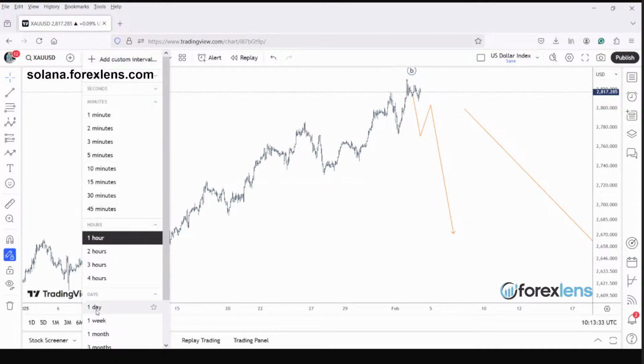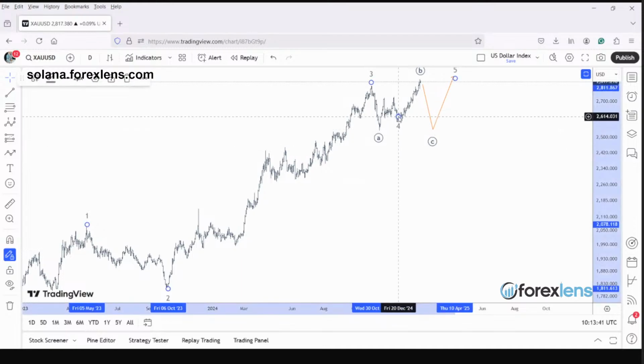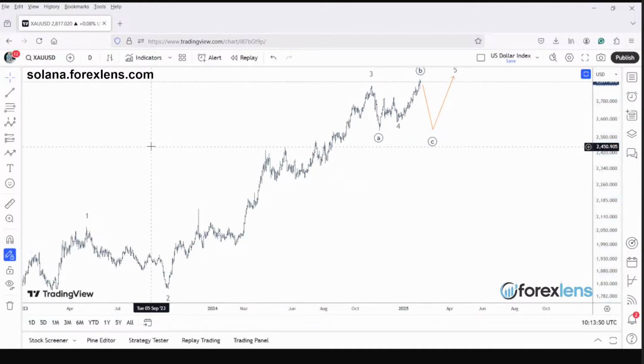In fact, it would then be considered as not wave B, but possible wave 4 completed, and then the fifth wave rally is moving towards the 3200 mark. That could be the more logical conclusion out there.